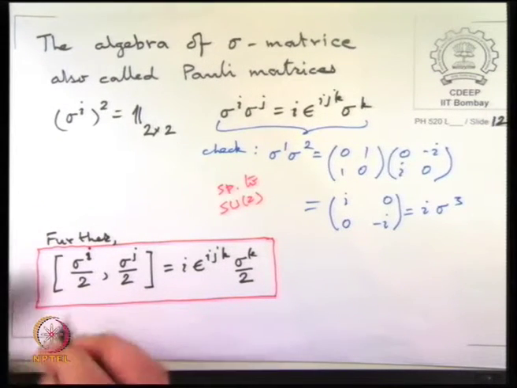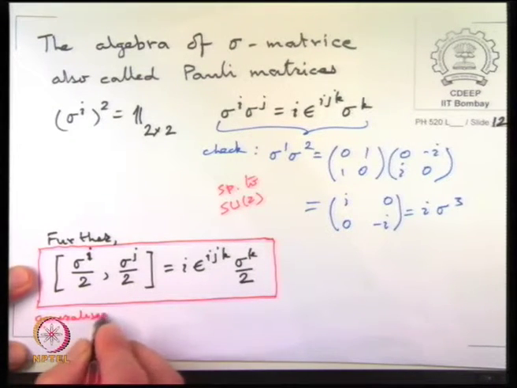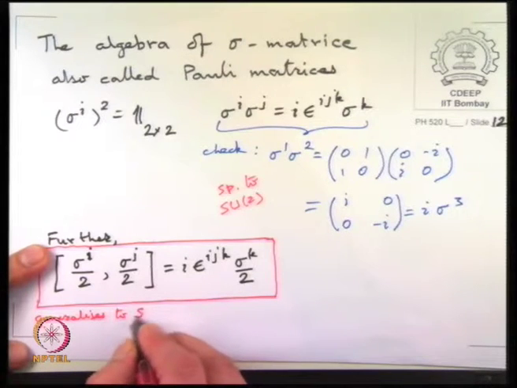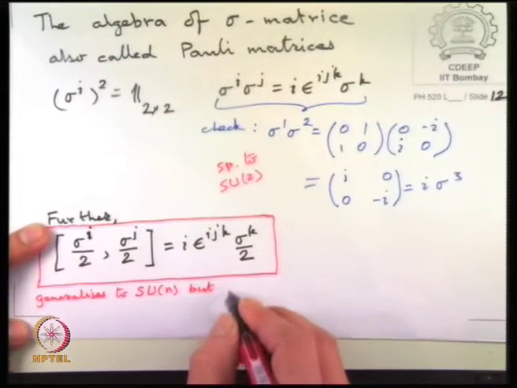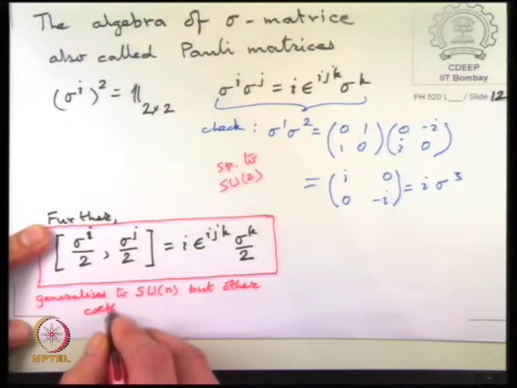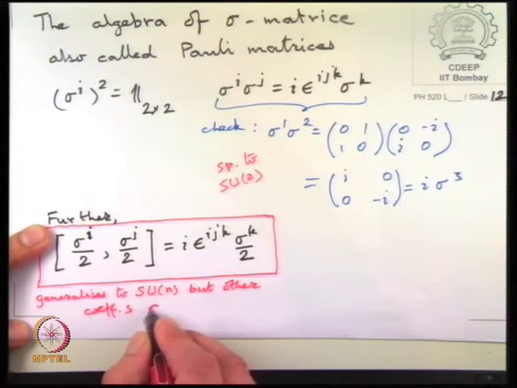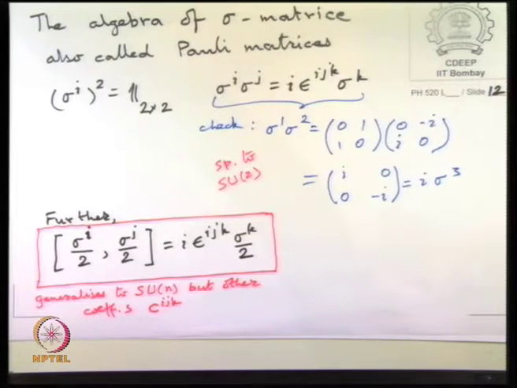So this can be generalized to SU(N), but with other coefficients C ijk. Not epsilon ijk, but some other coefficients. They are called structure constants of the group. And this, if you want to check it, you can check it actually.